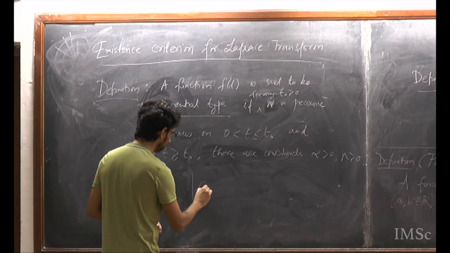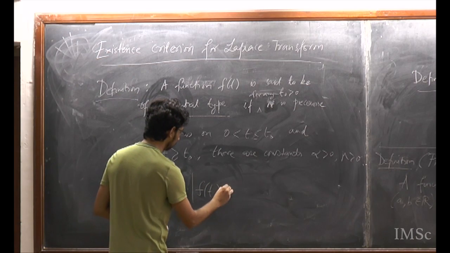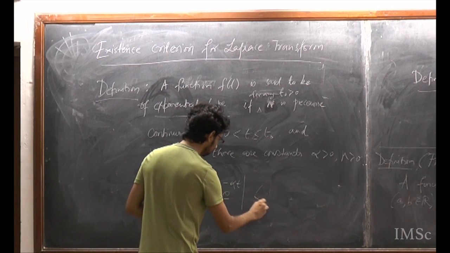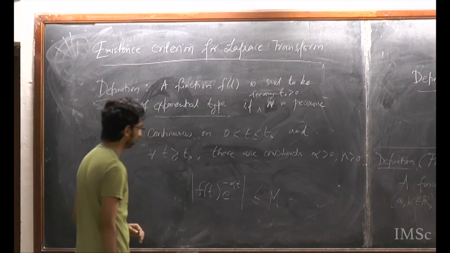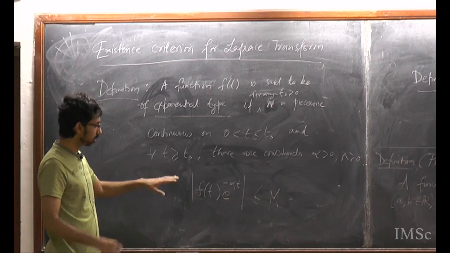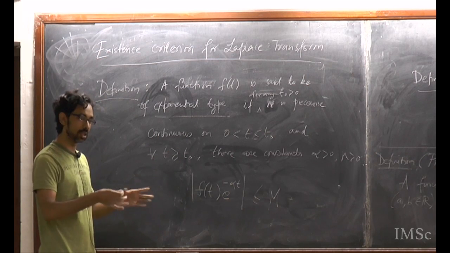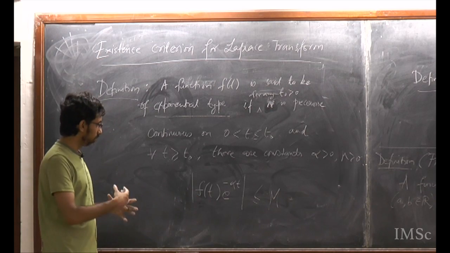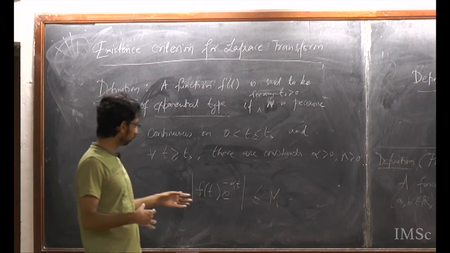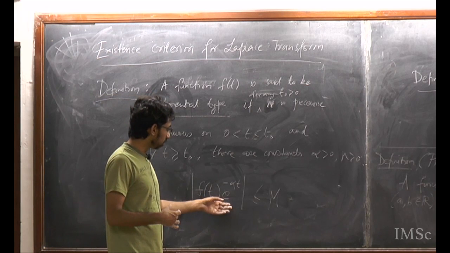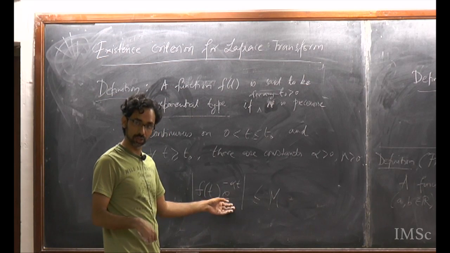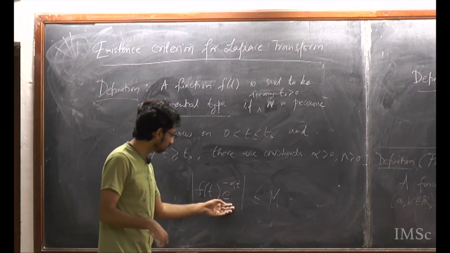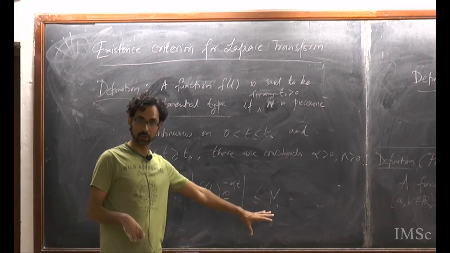So what is the inequality? |f(t)| e^(-alpha t) is less than or equal to M. So for all t large enough, this is the behavior at infinity for this function f. When you go towards infinity, it does not grow faster than the exponential. If it grew faster than this exponential function, then it would not be bounded.